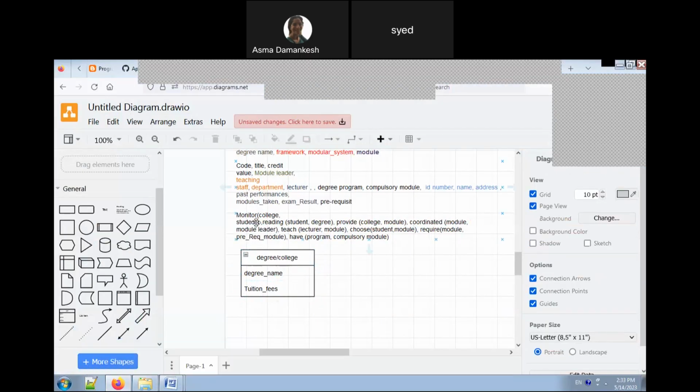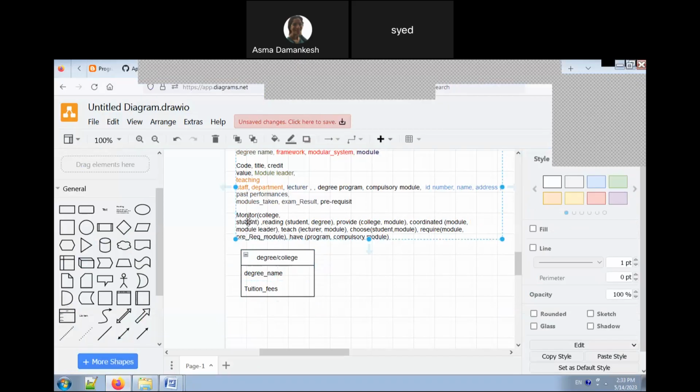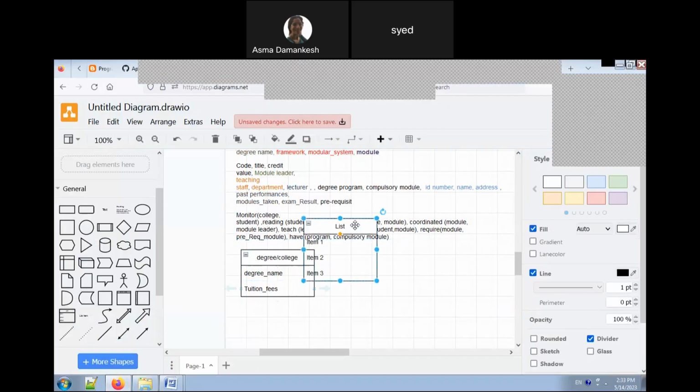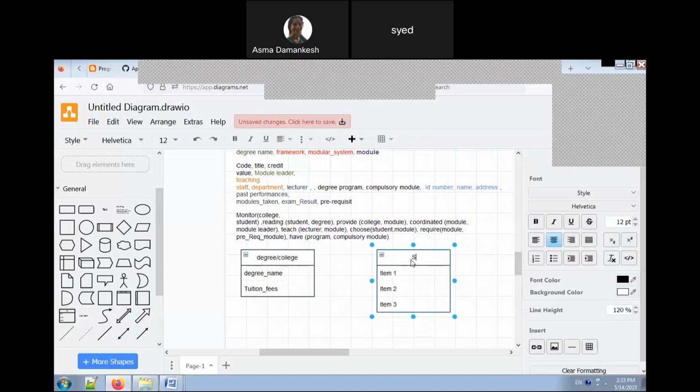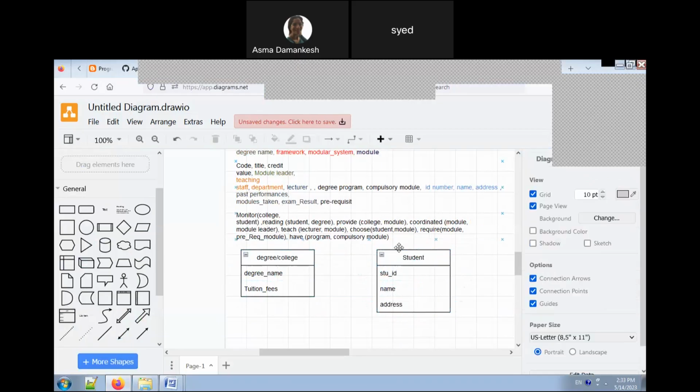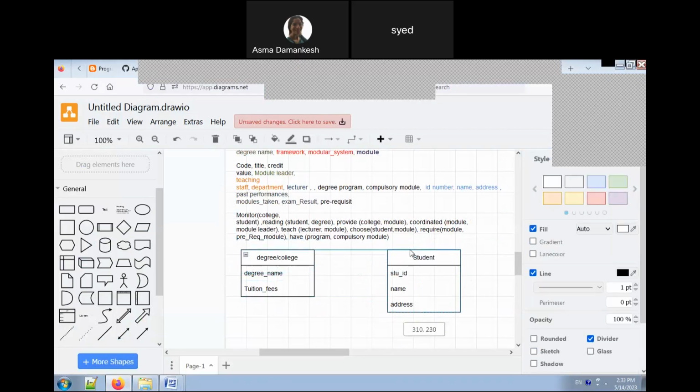All right. So it's between the degree or college and a student. So I need another one for a student. Okay. Here is my student. Now, do I have an explanation for a student? Yeah, it has ID, name, and address. So STU ID, it has a name, and it has an address, no? Now, what is the relation between a student and the college?